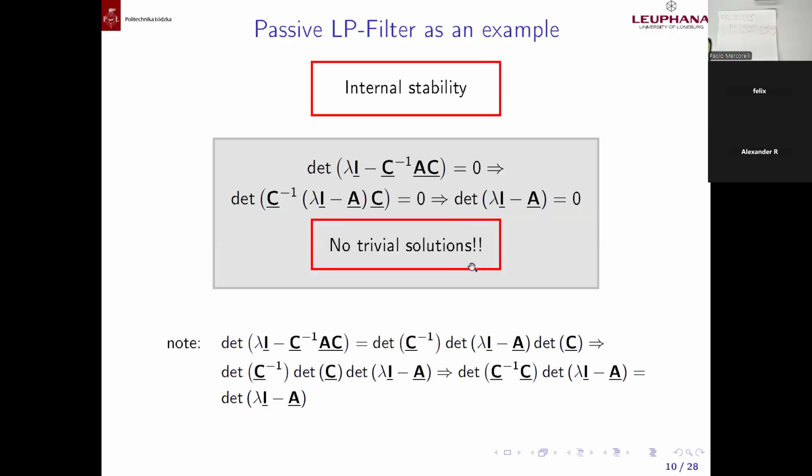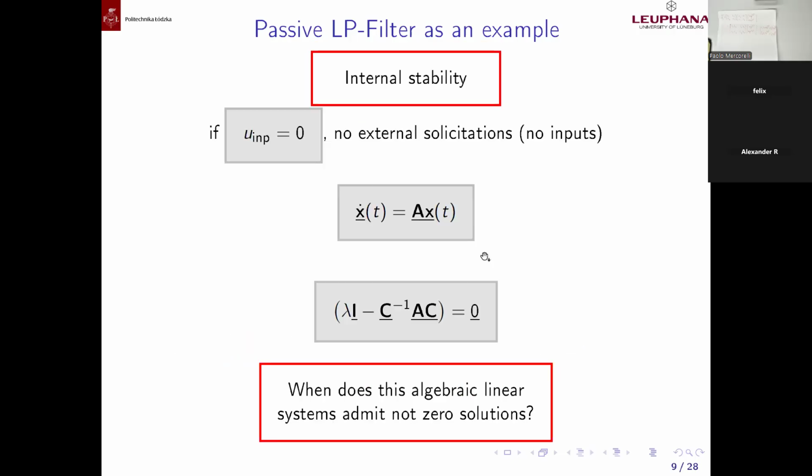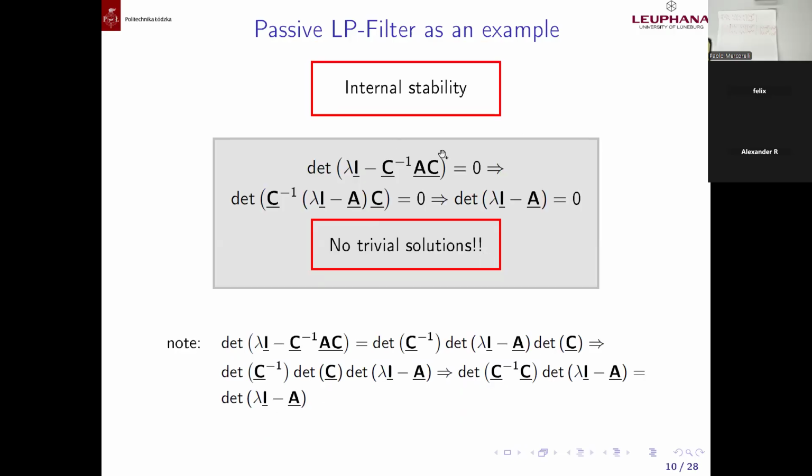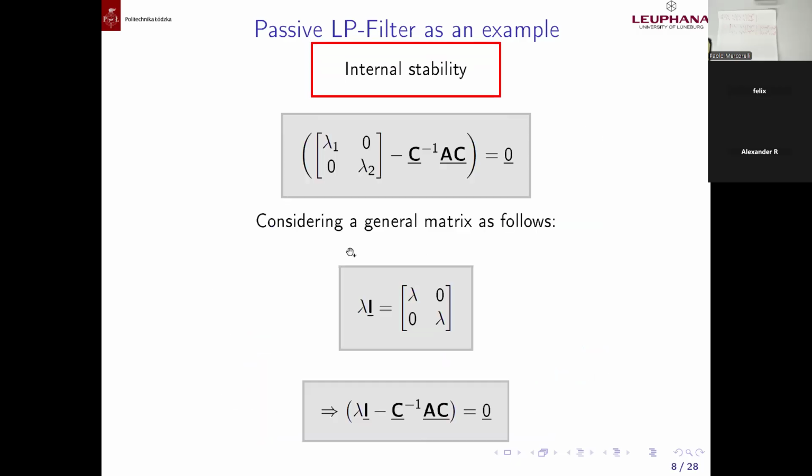The idea is we have a non-zero solution in C if the determinant of this expression is equal to 0. I'm looking for C1, C2, C3, C4. If you don't like this, but we will see that this is useful, think about finding C1, C2, C3, C4, not 0.